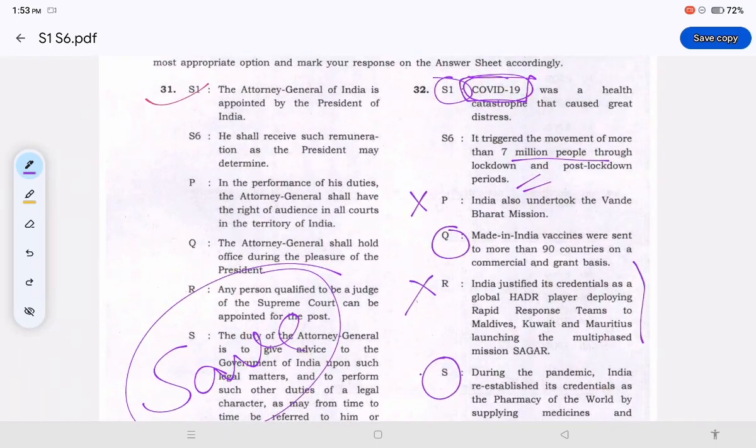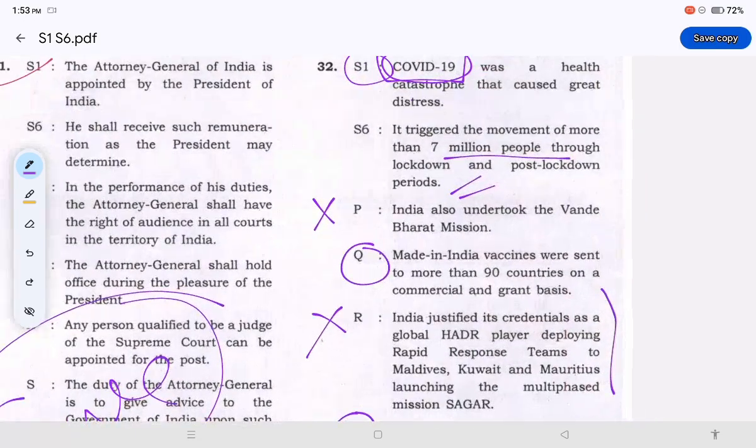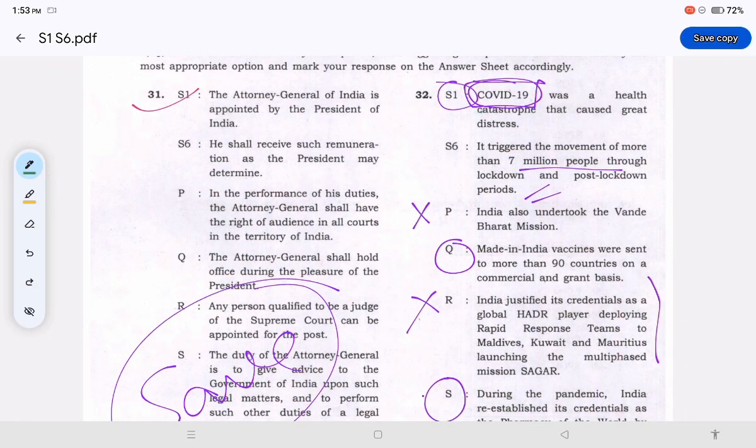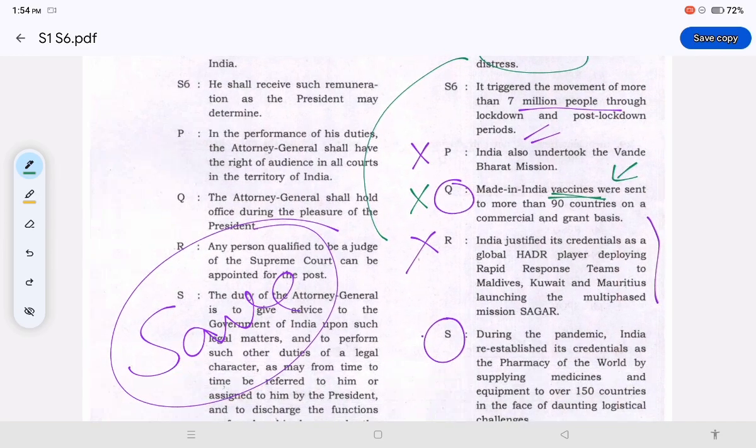See, made in India vaccines were sent to more than 90 countries on a commercial and grant basis. Now, if you look into this, you understand the first sentence is talking about COVID-19 and the second sentence is talking about vaccines directly, no connection. Here we were talking about a health catastrophe, so explain about it more. Why go directly into vaccines? That means this is not coming. What is coming?